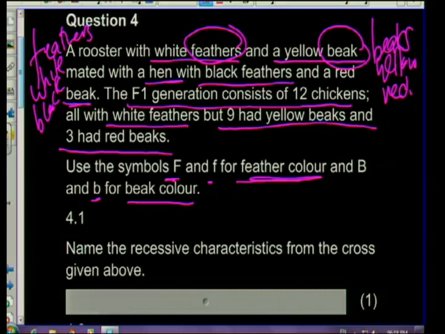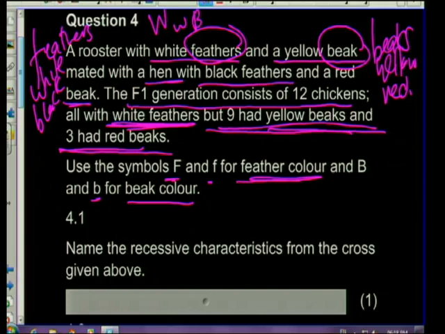The fact that they said 9 had yellow beaks and 3 had red beaks, all had white feathers. That means white feathers will be capital F and black feathers will be small f.